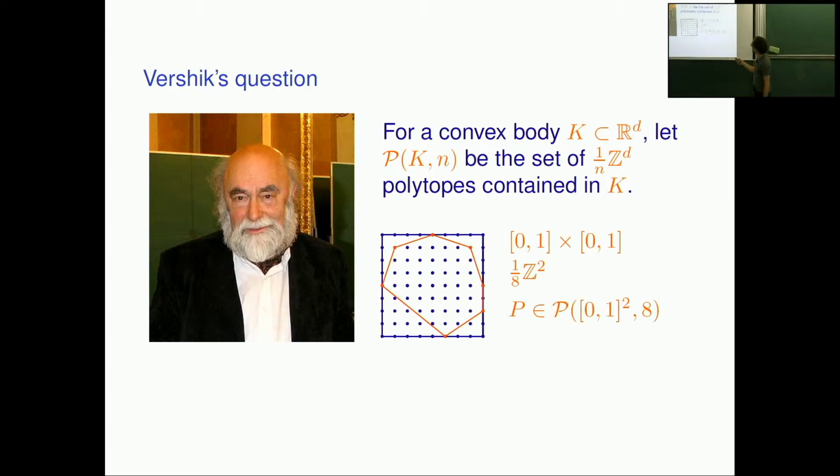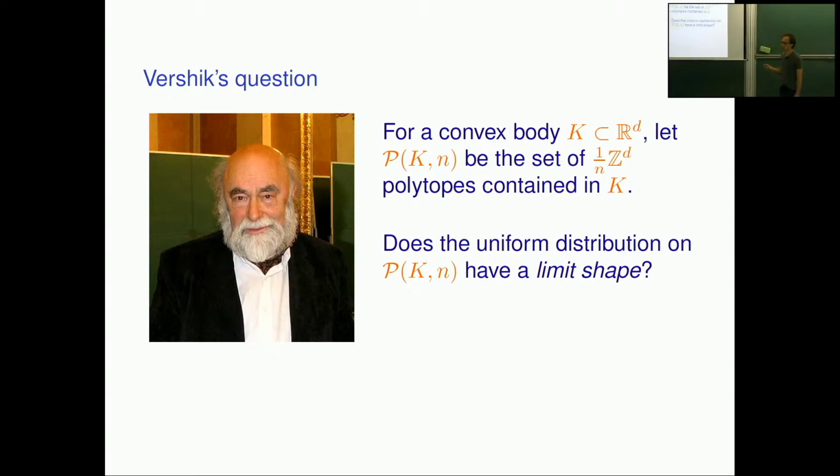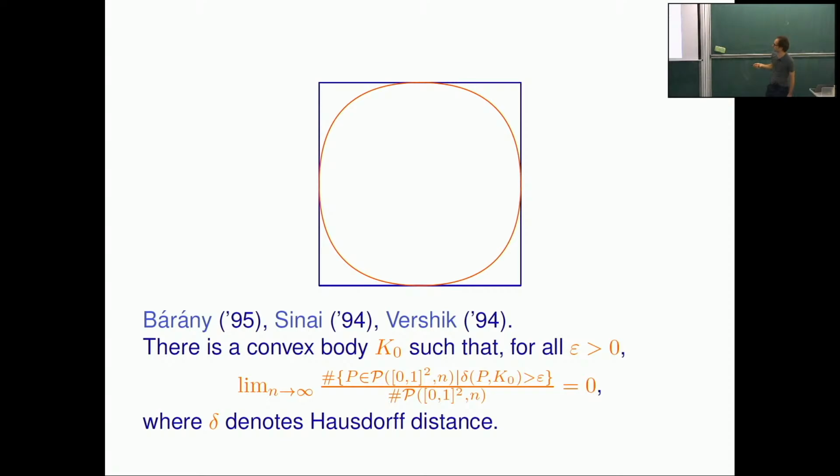What we're doing basically is we start out with a convex lattice polygon in this square 0 to n by 0 to n. Then we scale it down so that it's in the unit square. And the question is, if we take n to be large, is there a shape, call it K0, so that the polygon will be almost guaranteed to be very close to that shape?